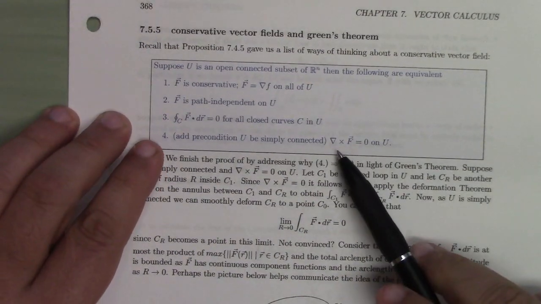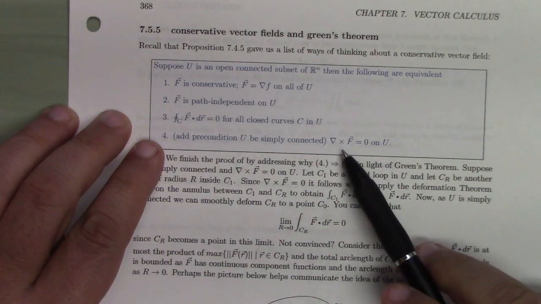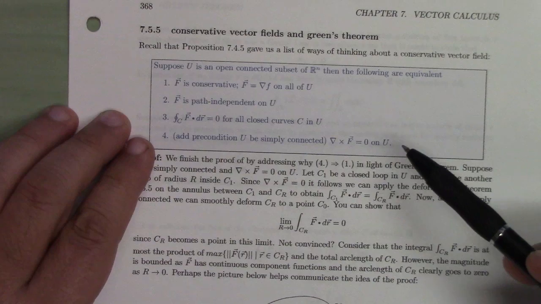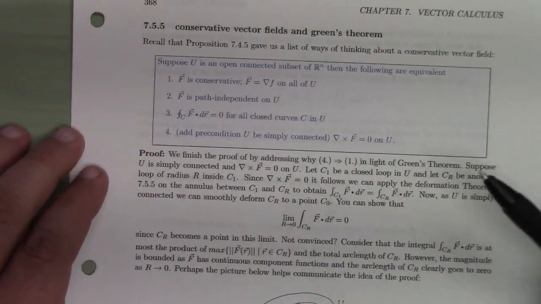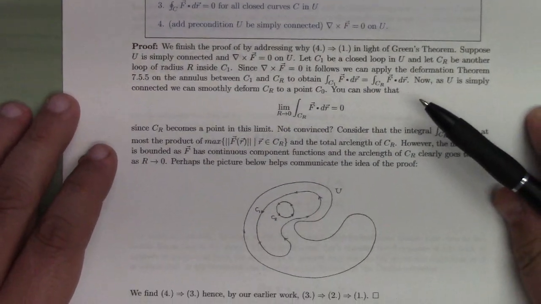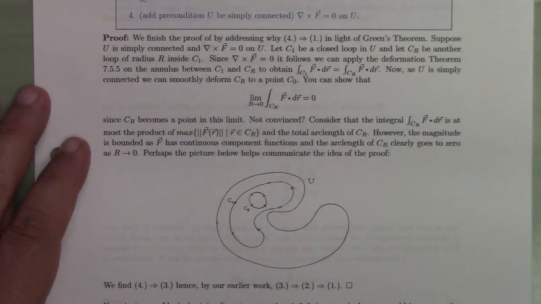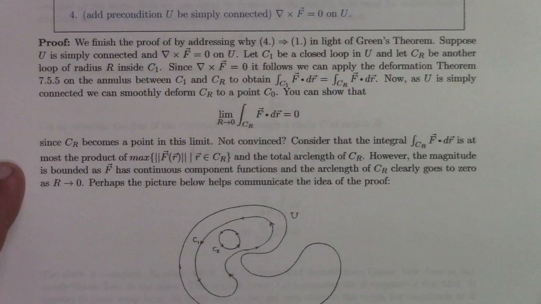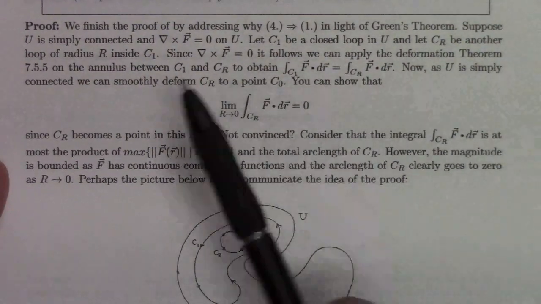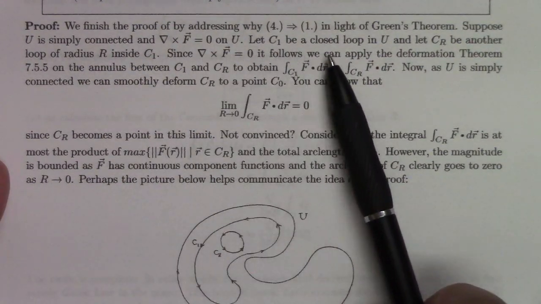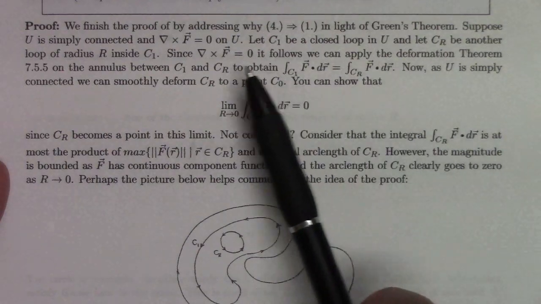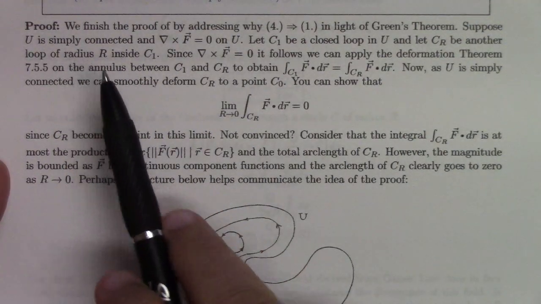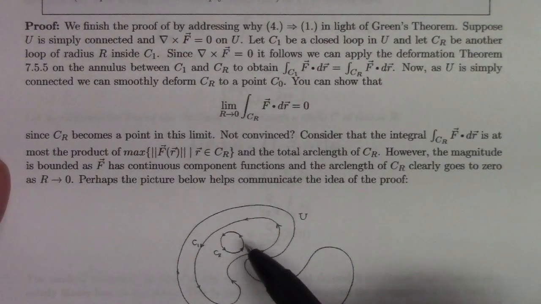Let's see here, 4 implies 1. Try to sketch the idea here. Suppose U is simply connected, the curl of f is 0. Let C1 be a closed loop in U, and CR be another loop of radius r inside C1, like so pictured down here.